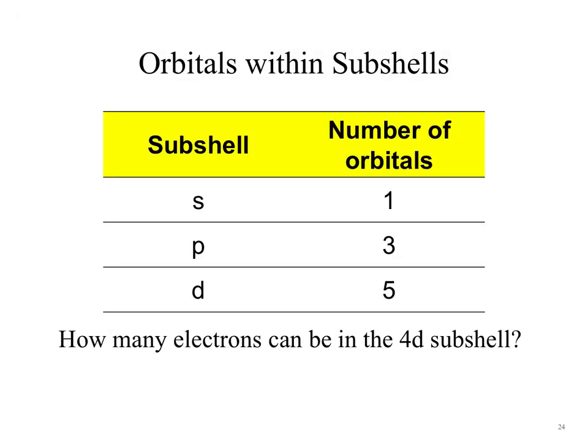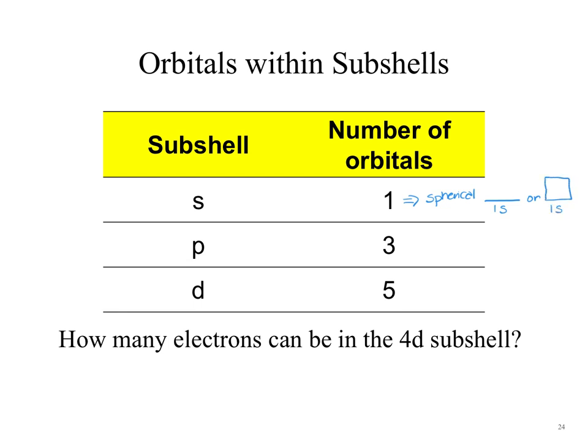if you are an s subshell, you only get 1 orbital, right? And it is spherical. And a lot of times we show that with a line or a box. So you'll see 1s like this, or you'll see a box to represent 1s. Okay?